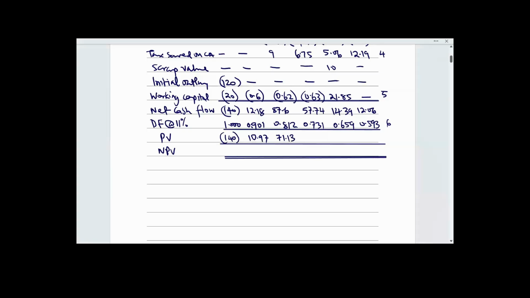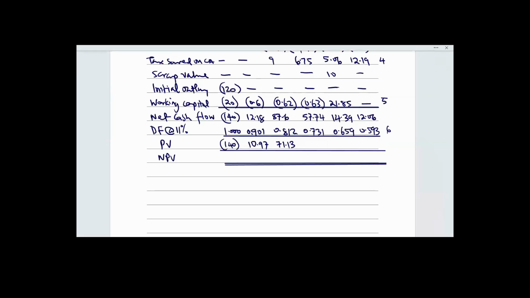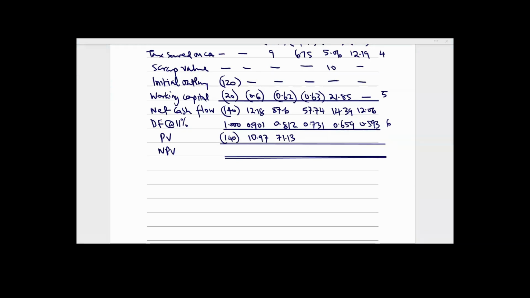Then year 3, 57.74 multiplied by 0.731. That's 42.21.